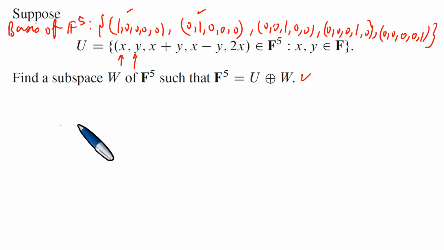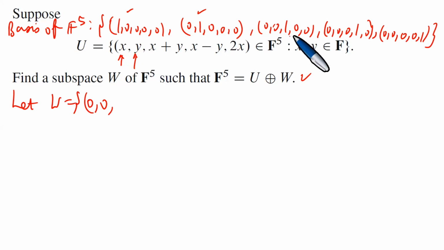Which means that you need to find W. So you let W be the same as what? W would be like these ones. You can take it to have 0, 0 to accommodate these two, and then these ones you can write as anything, like a, b, c, because there are three of them, and there are five components.